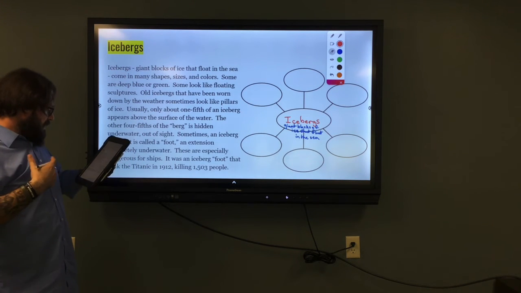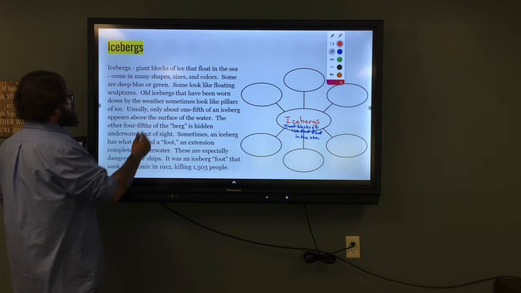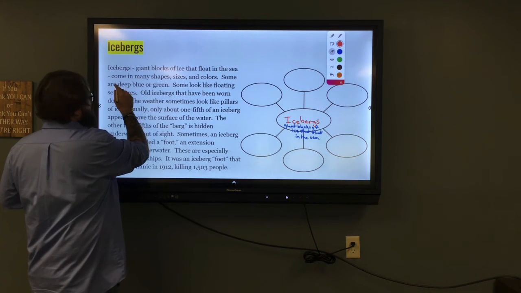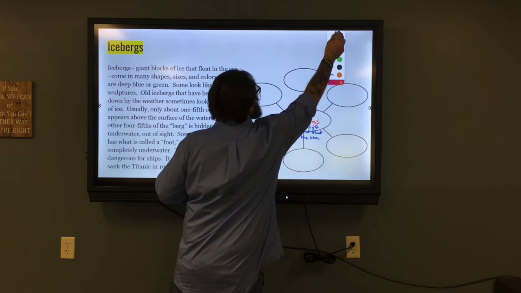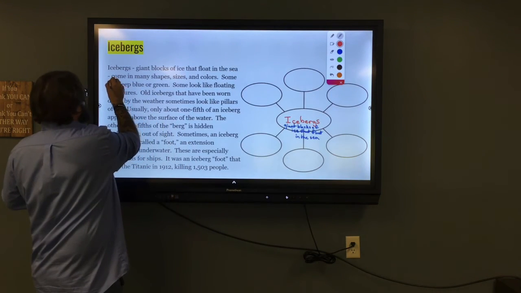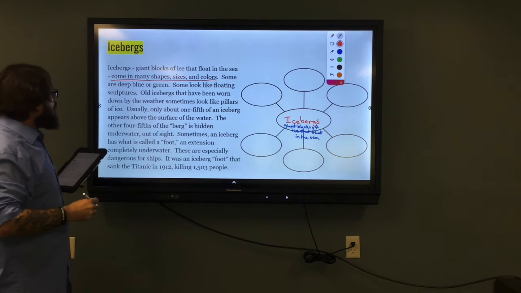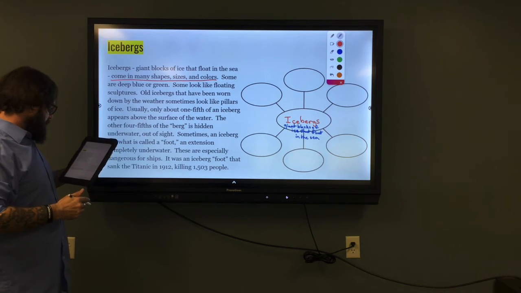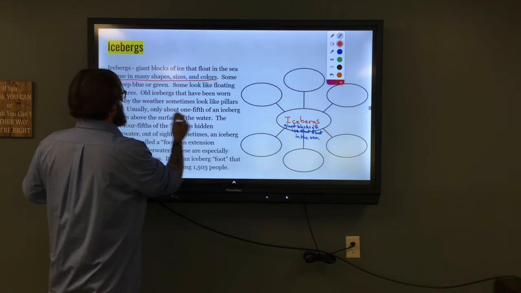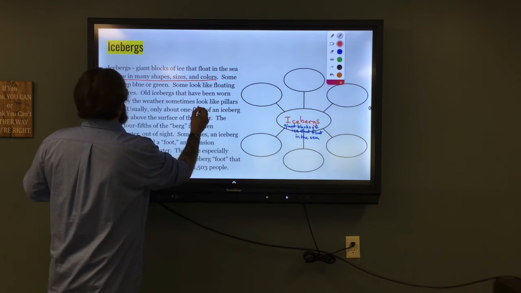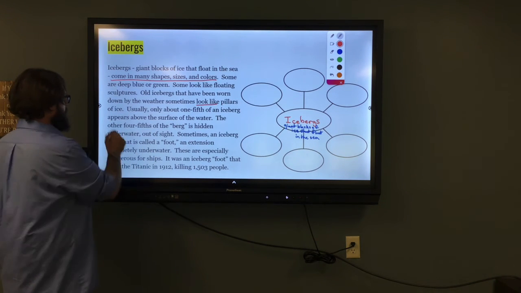All right, well, we see that some of the key words that are used, they come in many shapes, sizes, and colors. We see that he uses phrases like look like, appears.